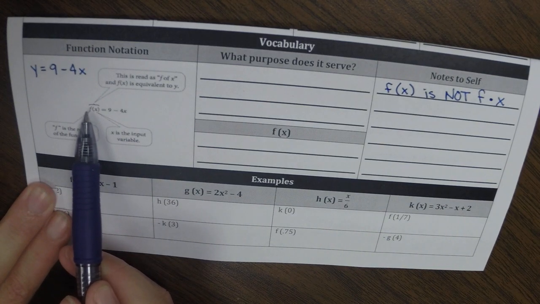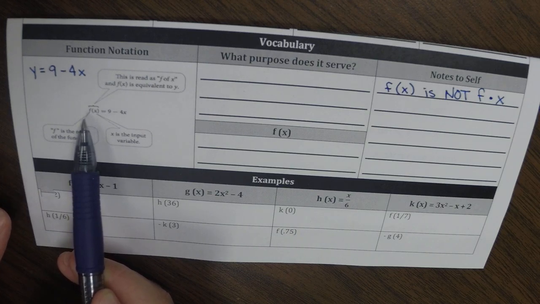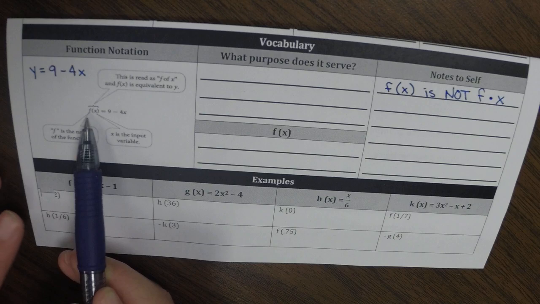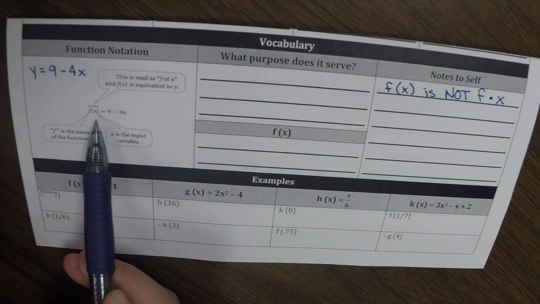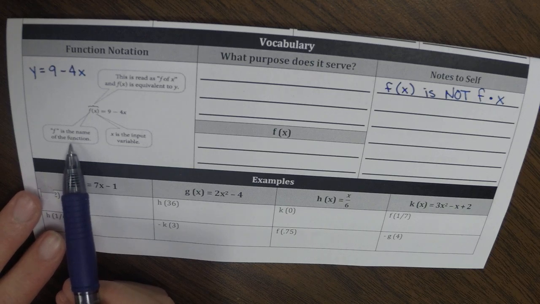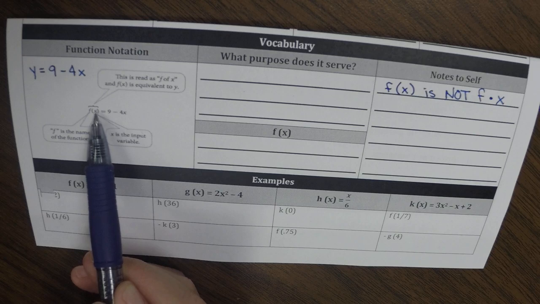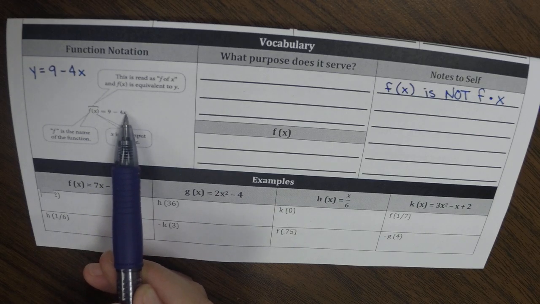F is the name of the function, so we can use whatever letter we want to. So if we had, say, a golf course named Timber Creek, we could call this T of x, or anything of the sort. So f is the name of the function. X is the input variable, meaning it's what I replace in the equation in order to get solutions.